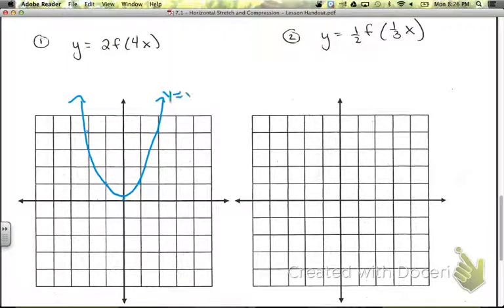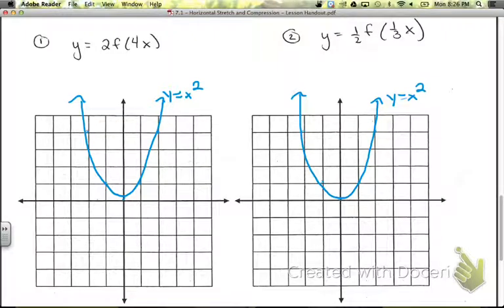So that's our y equals x squared. I'm going to draw that on each of our graphs to begin. That's y equals x squared.